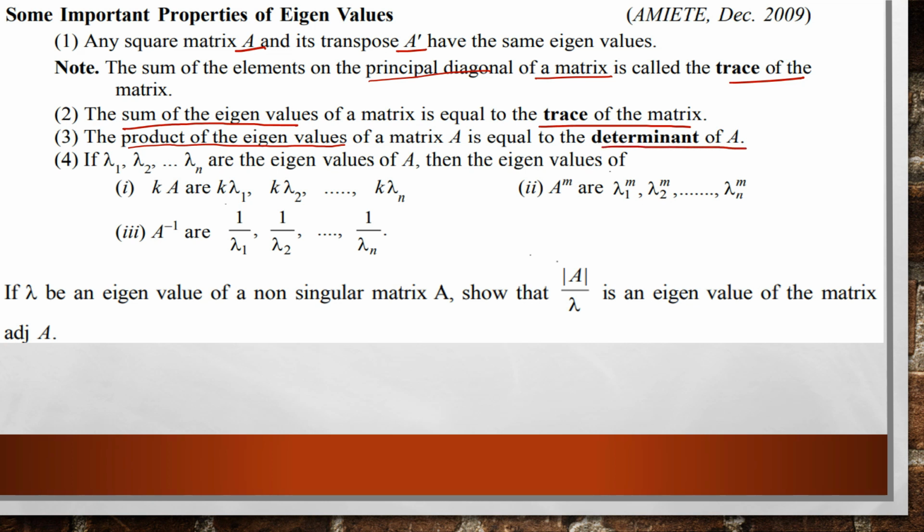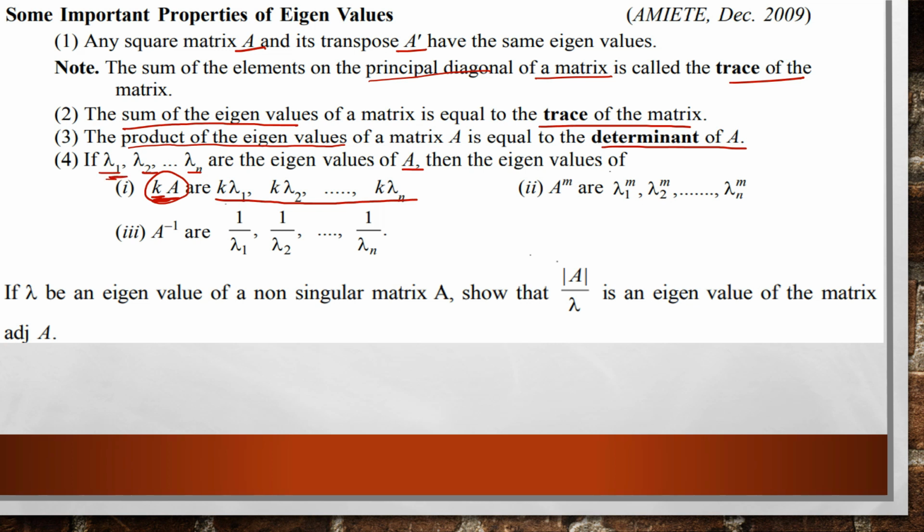This is very important. Now, if lambda 1, lambda 2, ..., lambda n are eigenvalues of A, then k into A, where k is some non-zero constant, will have eigenvalues k times each of these. You just need to multiply each eigenvalue with k.